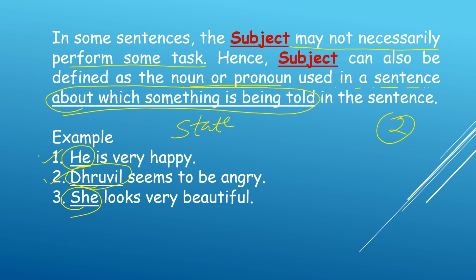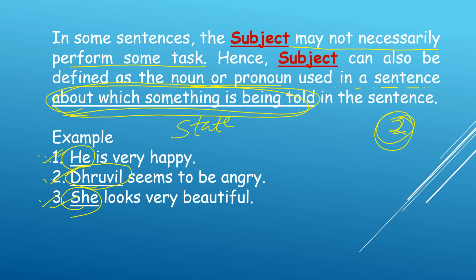It tells about her beauty. So she is not doing any action, but she is the subject because we are talking about she. So this is our second possibility, that the subject may not do any action, but we are just talking about something about the subject. So here in these three sentences, he, Dhruvil and she are the subject.